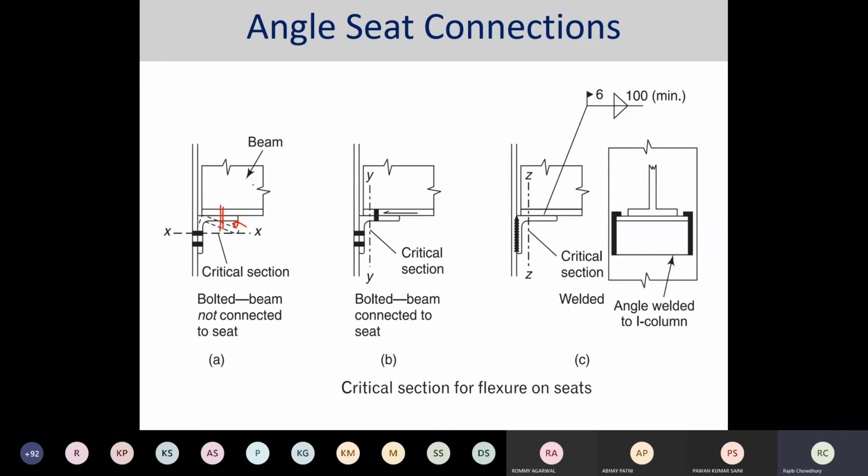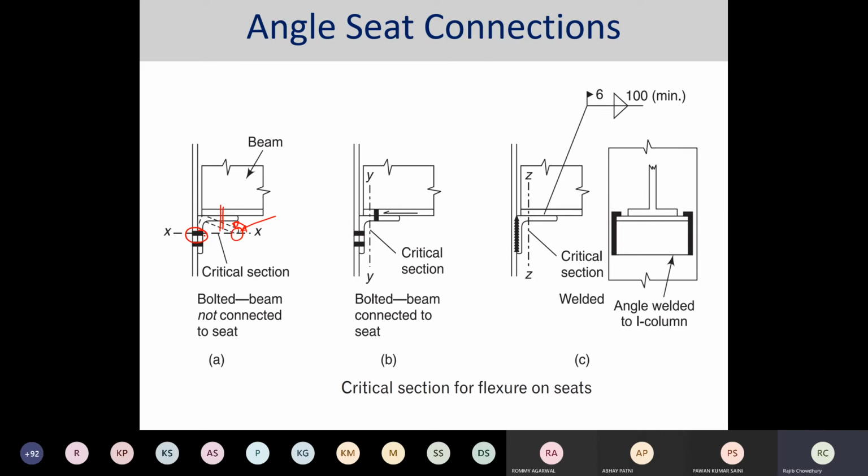So once the load is applied onto the beam, this leg of the angle tries to buckle, and the point of rotation would be at this bolt section. So this is to be considered as the critical section, meaning the point of rotation.